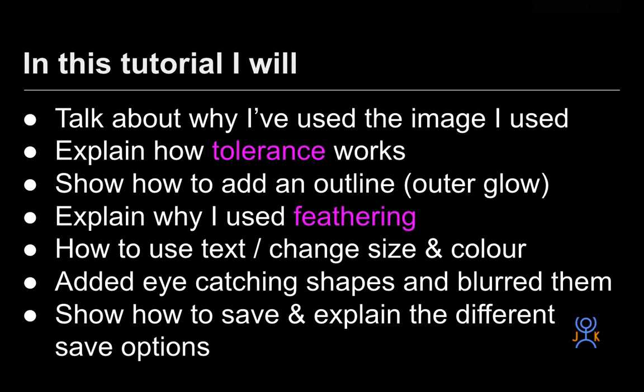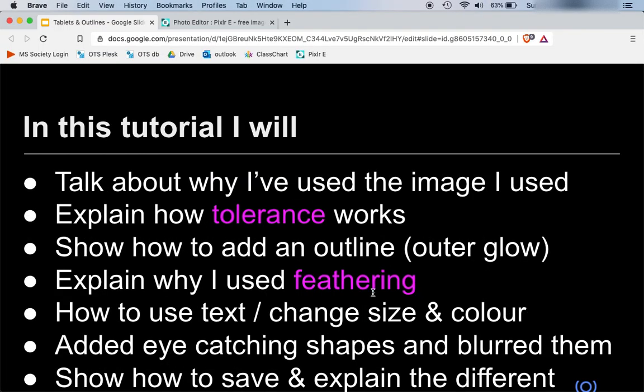I'll explain how tolerance works, show how to add an outline, or in this case an outer glow, explain why I've used feathering, how to use text, so change the size and colour of text, how to add eye-catching shapes and blur them, and show you how to save, and I'll explain the different save options. So let's begin.